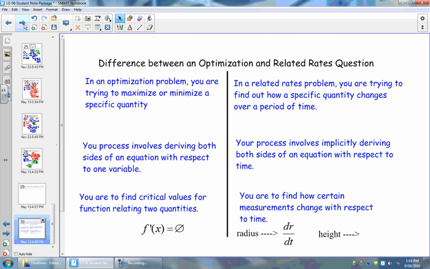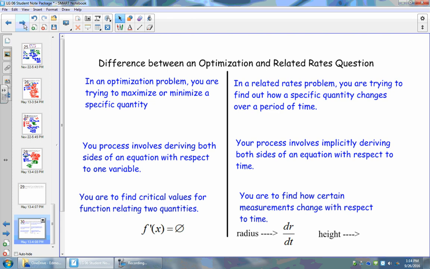Now, this is just simply a summary of the things that we've done in the last couple of learning guides. It's saying the difference between an optimization and related rates question. So this is kind of the difference between Learning Guide 5 and Learning Guide 6.